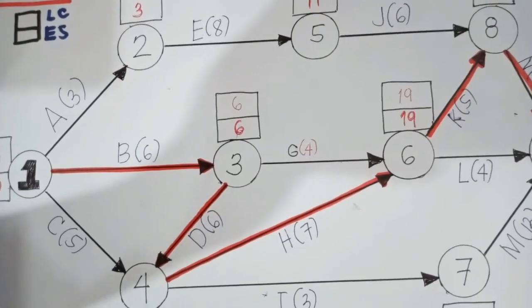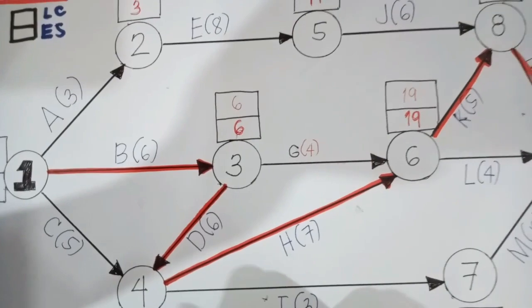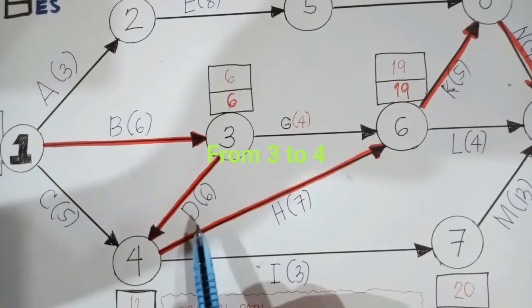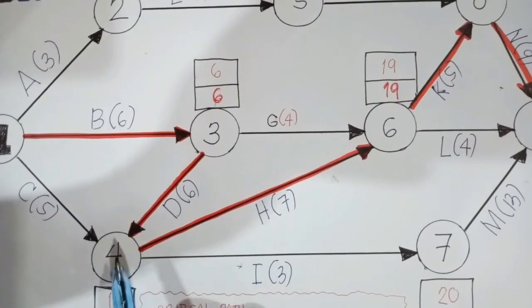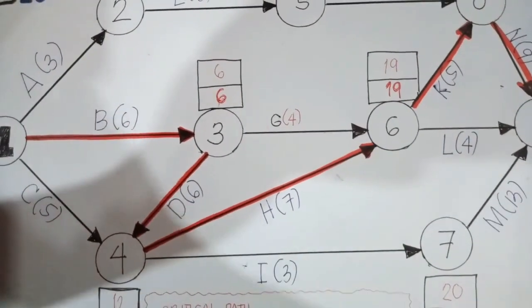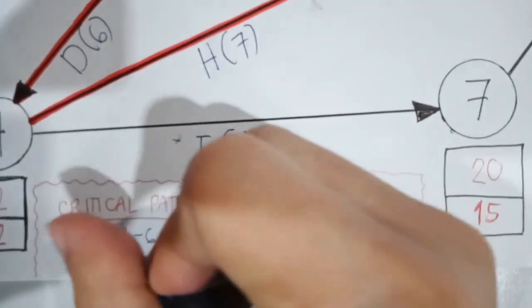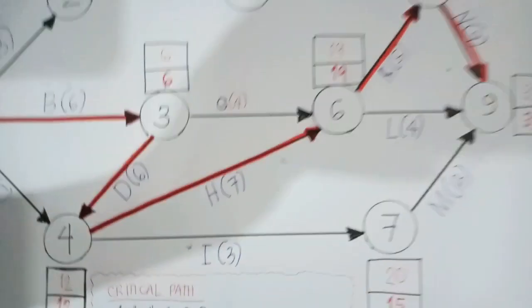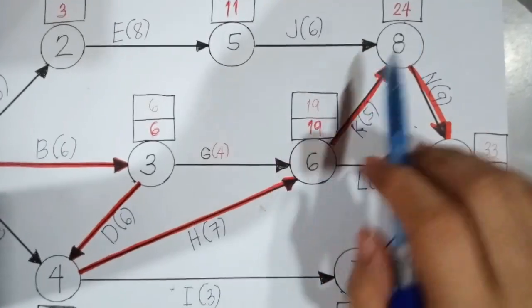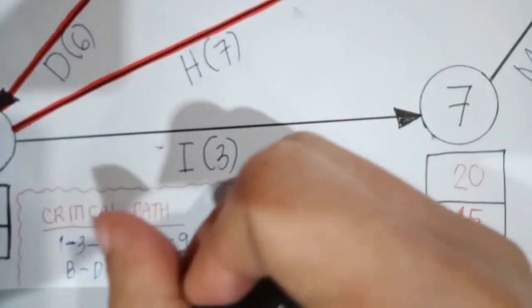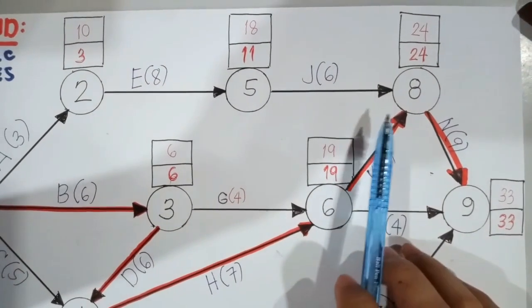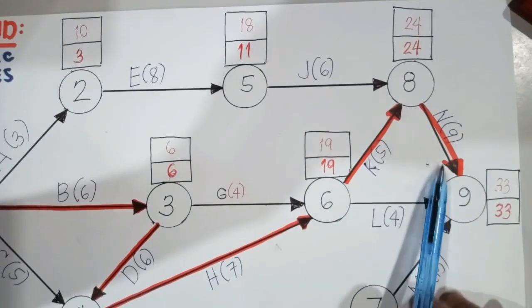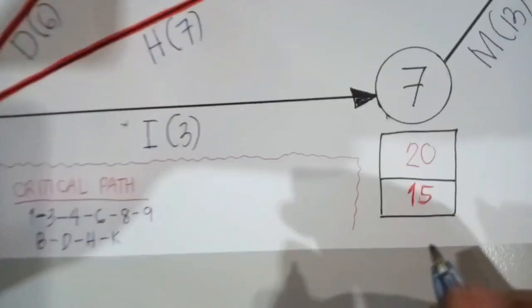From 1 to 3, that's activity B. From 3 to 4, that's activity D. From 4 to 6, that's activity H. From 6 to 8, you have activity K. And from 8 to 9, you have activity N.